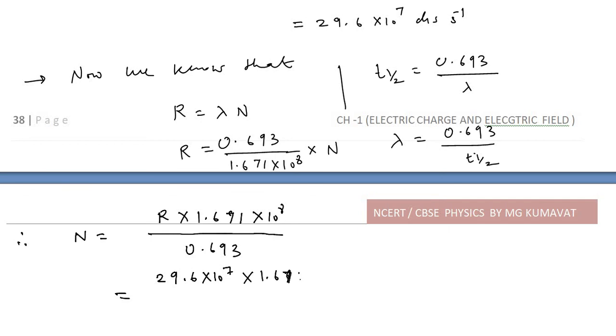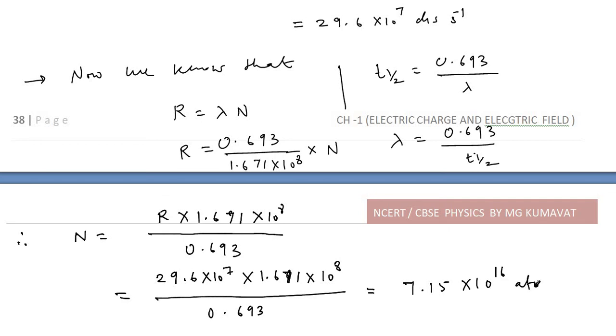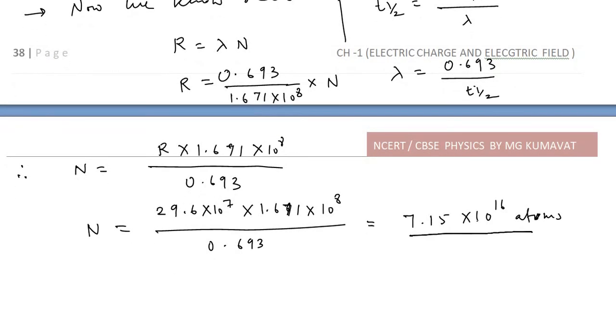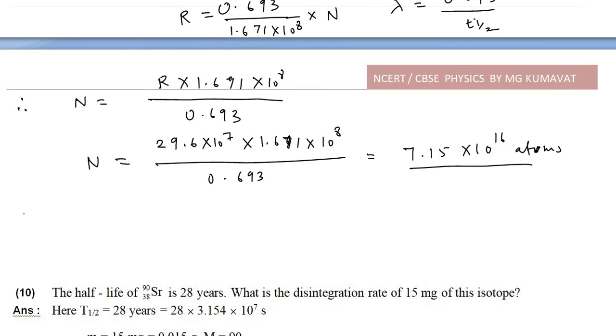We know that it is equal to 29.6 multiplied by 10 to the power 7, multiplied by 1.671 multiplied by 10 to the power 8 divided by 0.693. After solving it, we get 7.15 multiplied by 10 to the power 16. So the number of atoms required to provide a source with activity equal to 8 millicurie is 7.15 multiplied by 10 to the power 16.